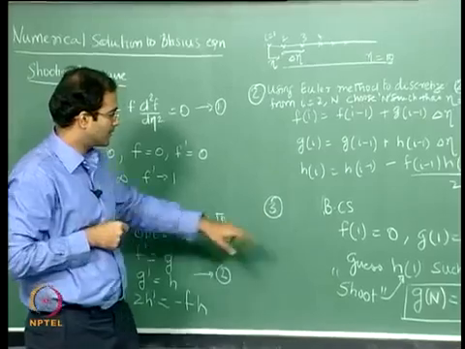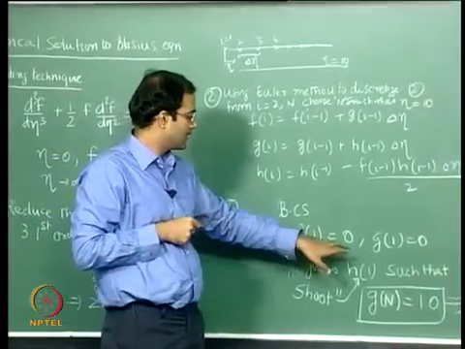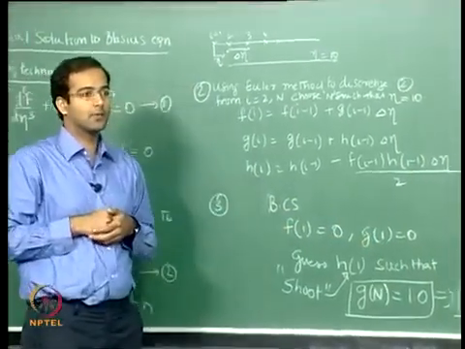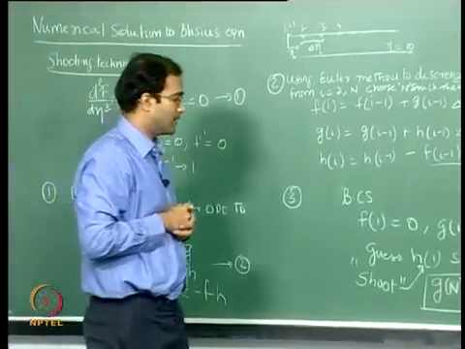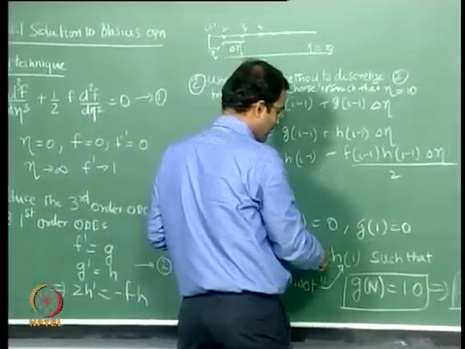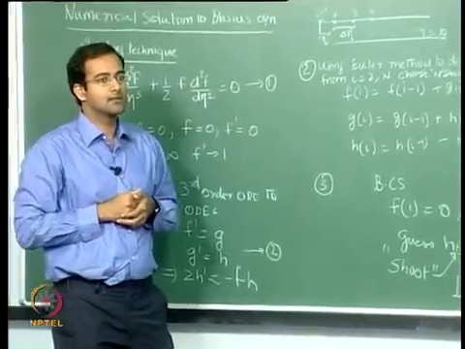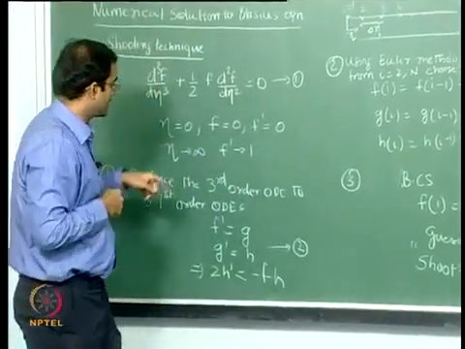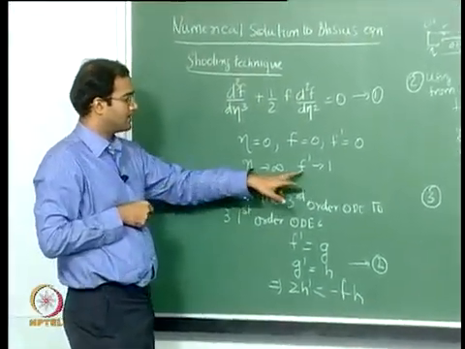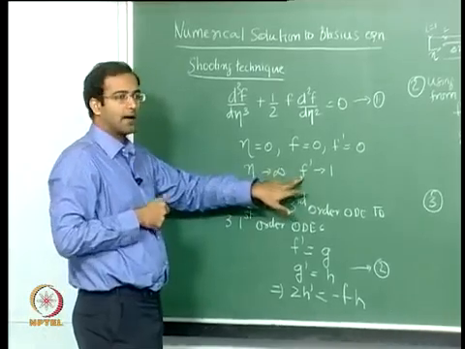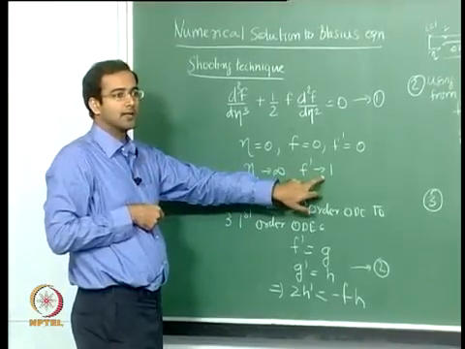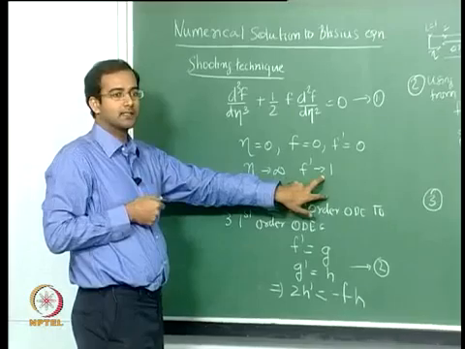But the problem is, we have the boundary conditions f of 1 equal to 0, g of 1 equal to 0, but we don't have the boundary condition for h of 1. Rather, we have a condition for g at large eta: we know that at large values of eta, g goes to 1.